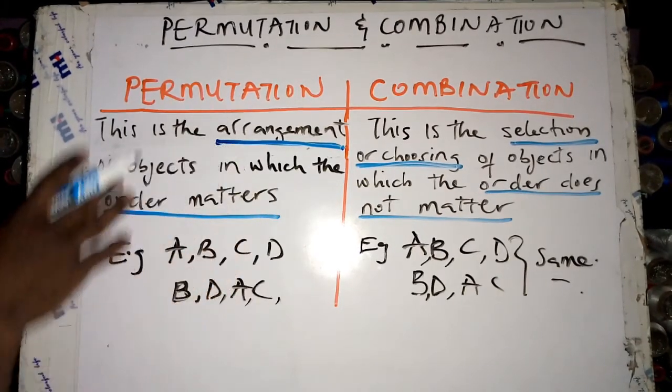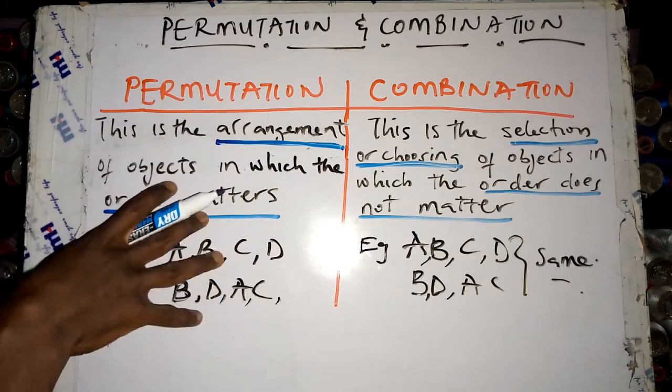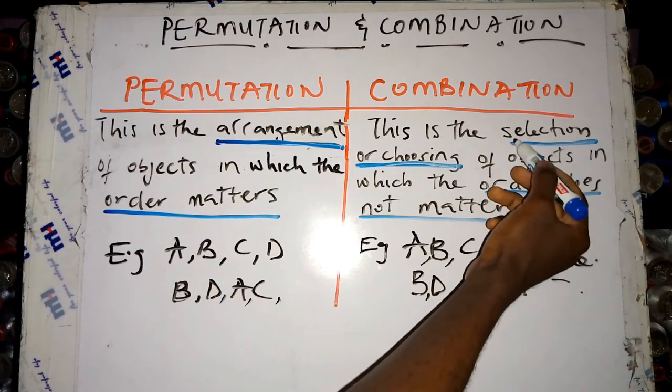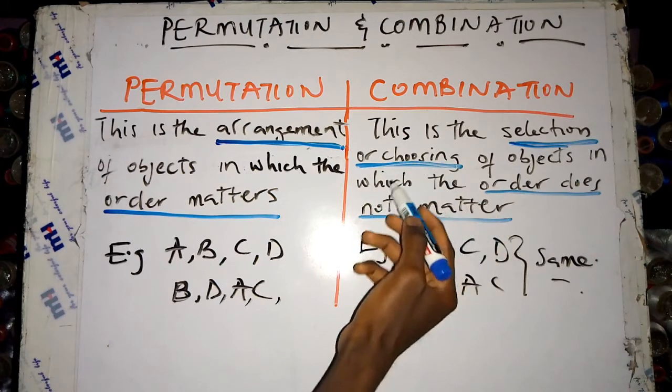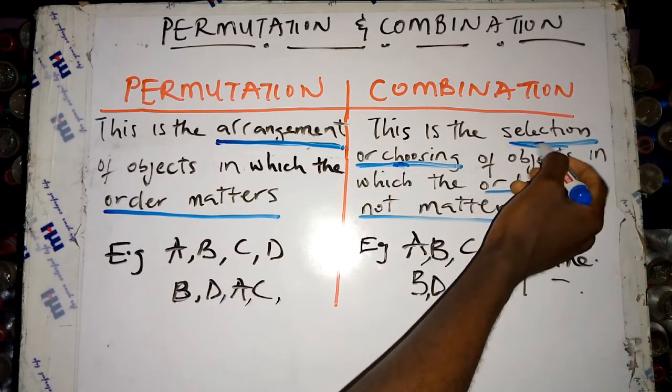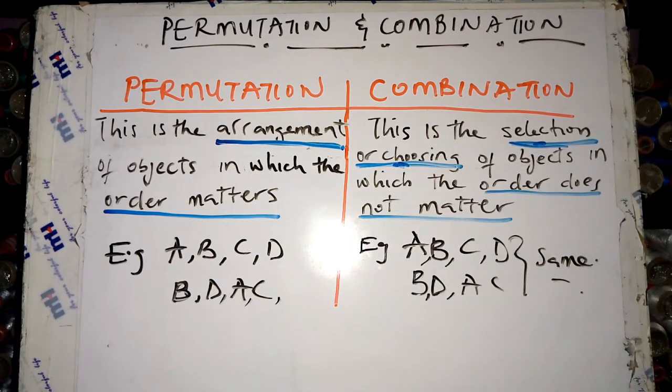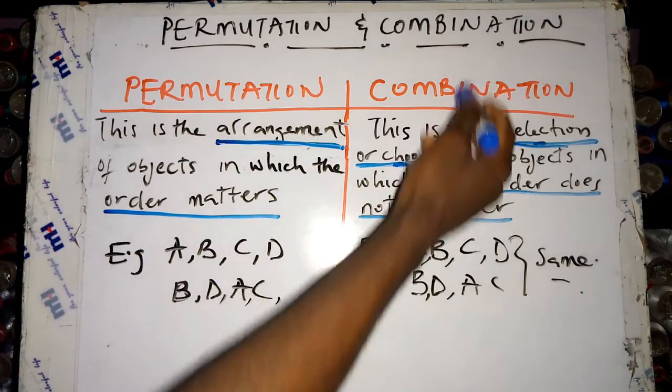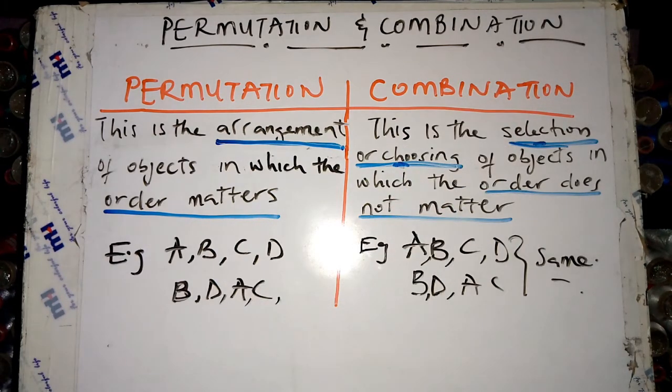That's to tell you that what you are permutating involves permutation. But once you see a question using the keywords choosing or selection, then that question is most likely under combination. So that's another thing to pay attention to.